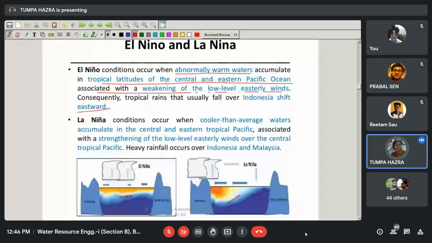That means the water in the central and eastern Pacific is cooler than the average water temperature, and therefore it is associated with strengthening of the low level easterly wind over the central tropical Pacific, and therefore it results in heavy rainfall in Indonesia and Malaysia. So these are all different favorable conditions for rainfall to occur.